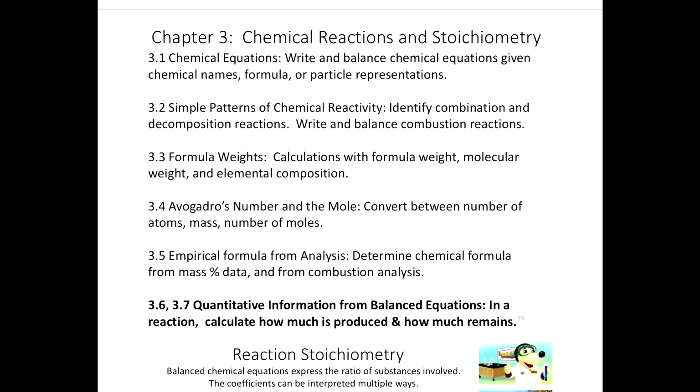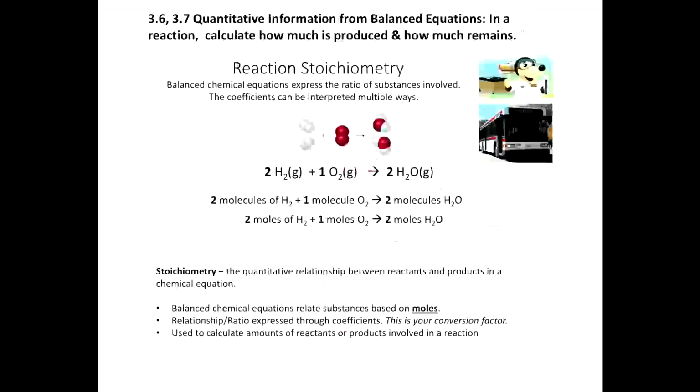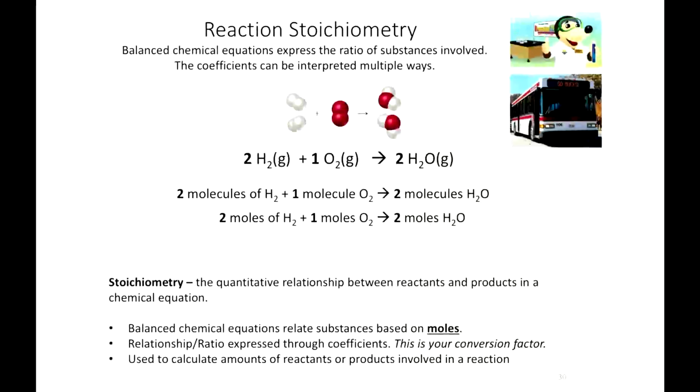Okay. So in this part of the chapter, we're going to really put molar masses to good use here. We're going to be using molar masses to look at different reactions and see how different reactions combine with one another, but relate it to gram amounts that we can actually measure in lab.